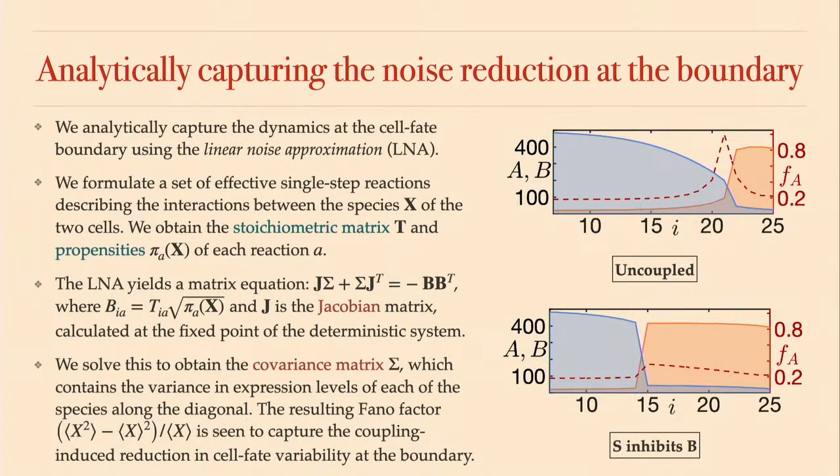What we find is once again consistent with our results. At the location of the interface, you see a high level of noise, and that is reduced once you have S inhibit B, and this also occurs even when S upregulates A.